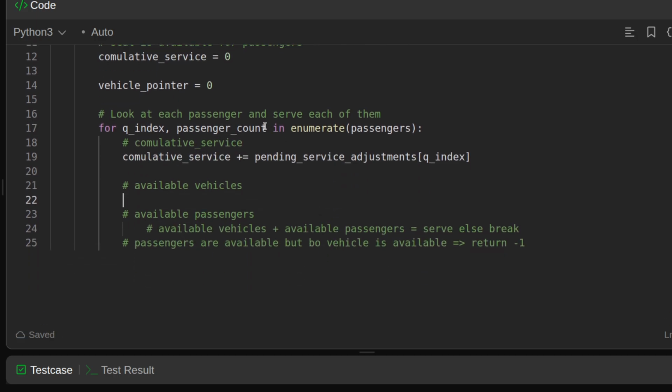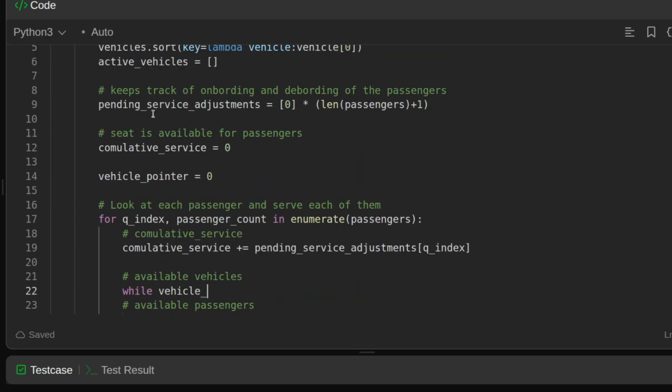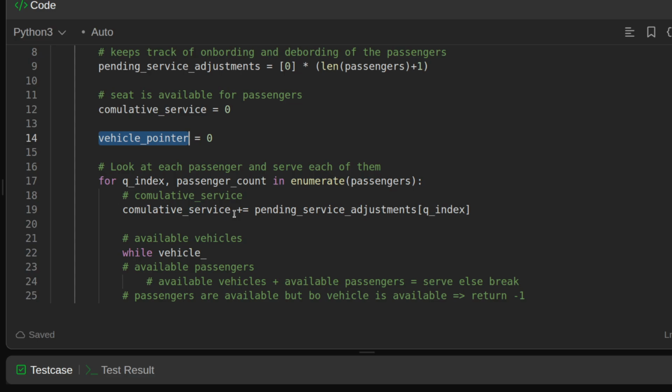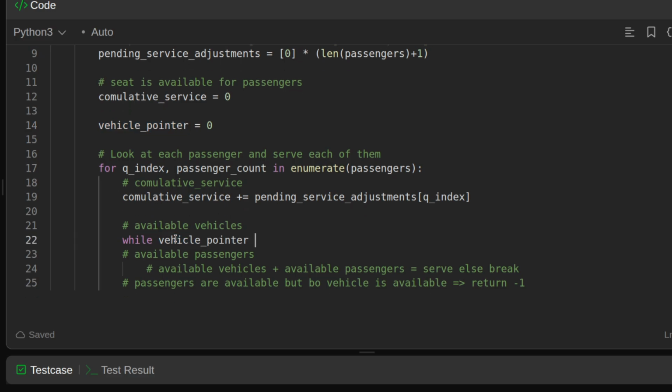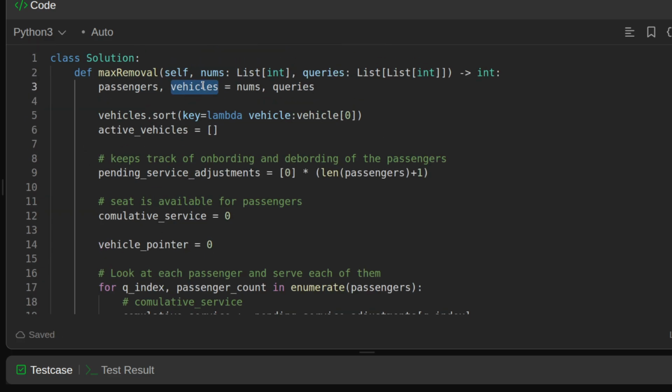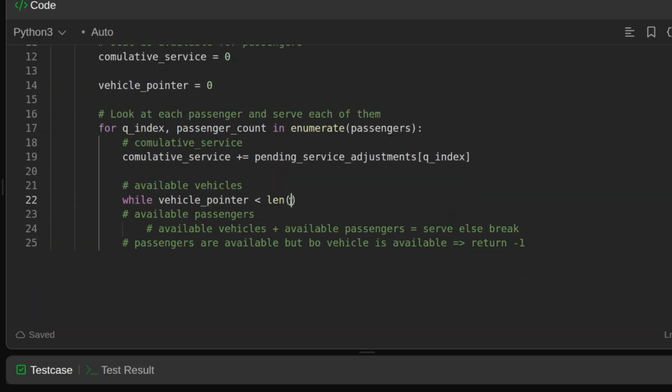Now next we need to look at the available vehicles. How do we look at the available vehicles? So there is a lot of checks here. Vehicle pointer, I have already assigned that while vehicle pointer is less than the length of vehicles, then this means that this vehicle pointer is valid.